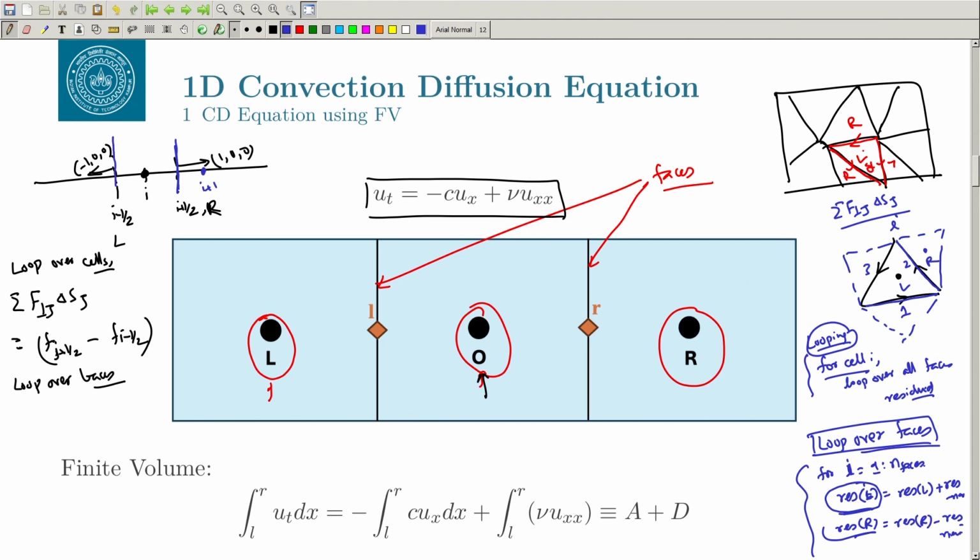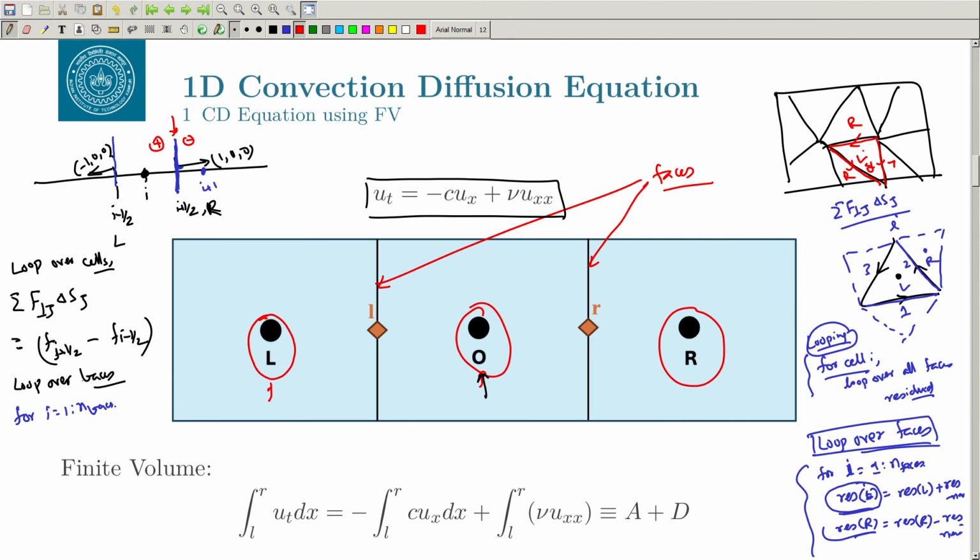Okay. So, let us say I am looping over this particular face, for i equal to 1 to NF, number of faces. On this face what will happen? This will add to the left. So, for this particular face, this is adding to the left and subtracting from the right, right.